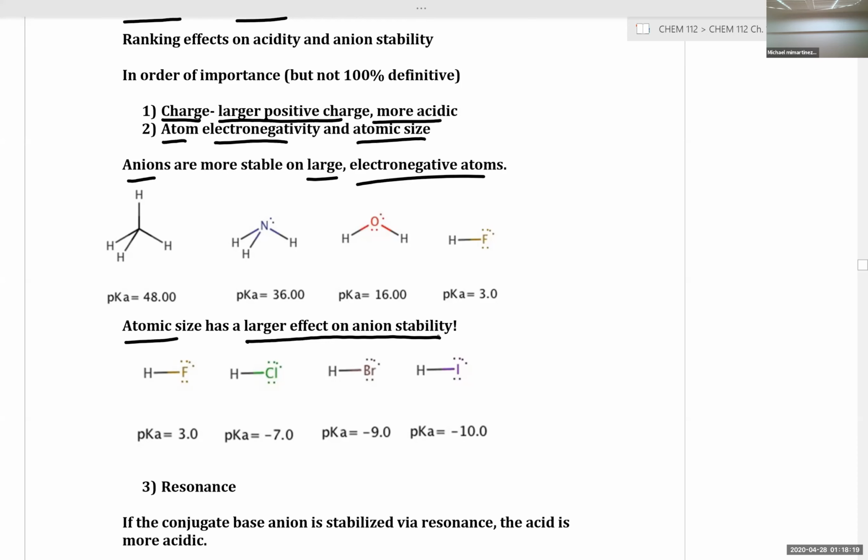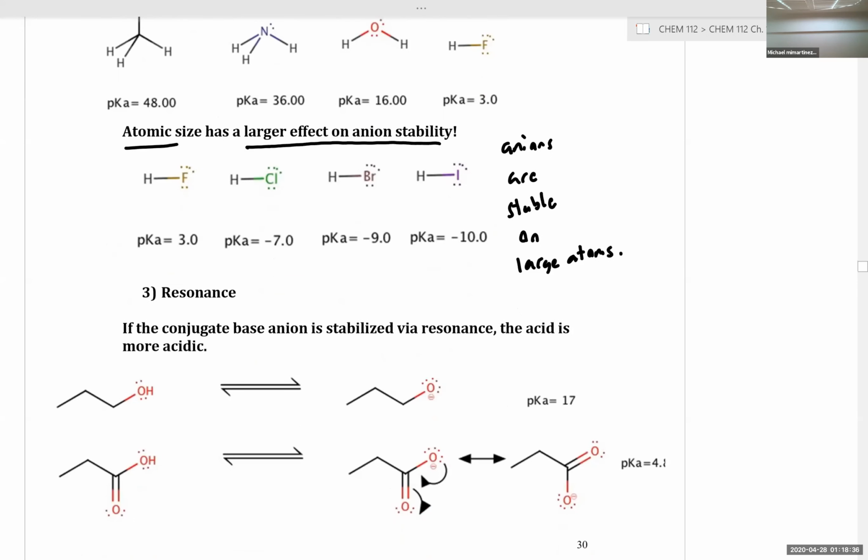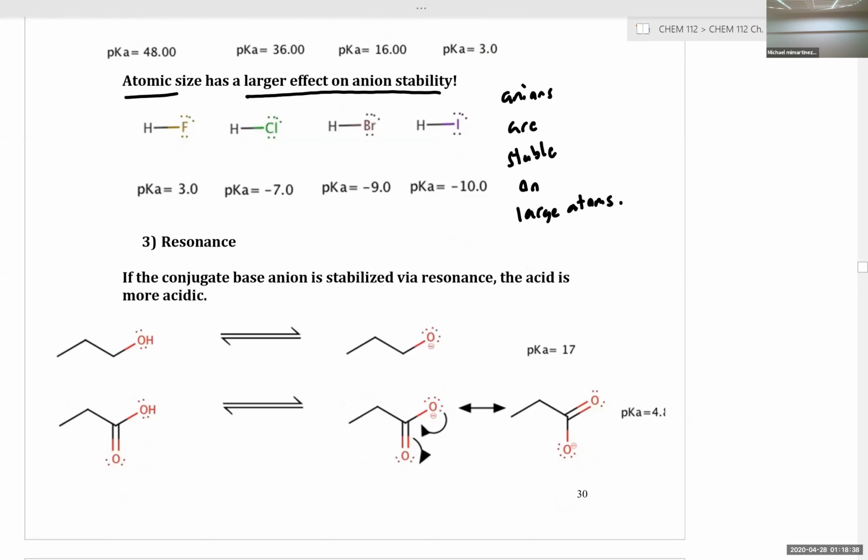So anions are stable on large atoms. Okay. We see resonance effects once again. So anions are stabilized via resonance.